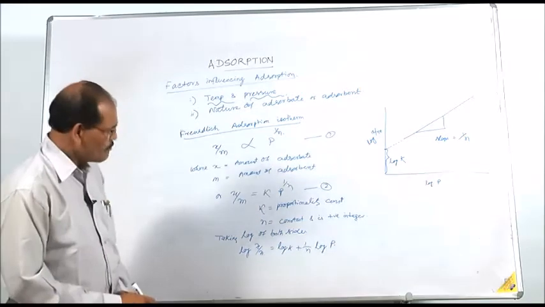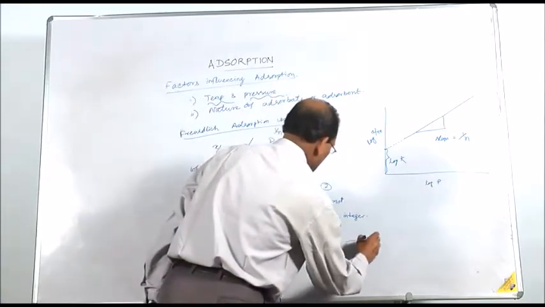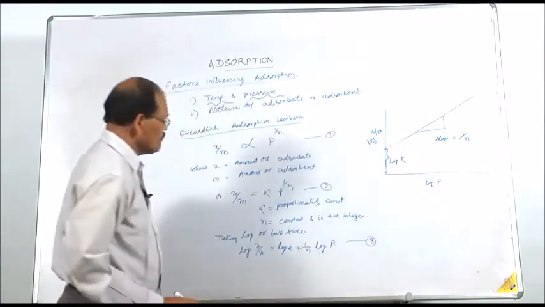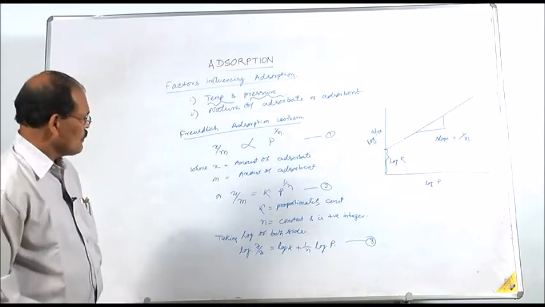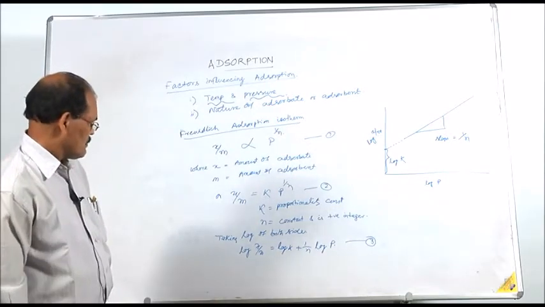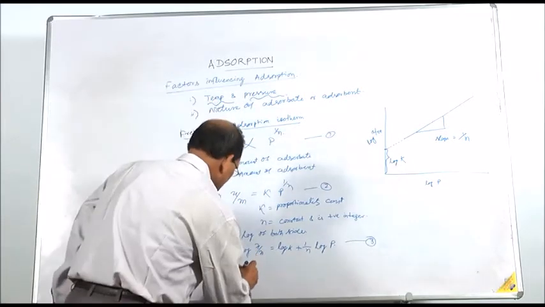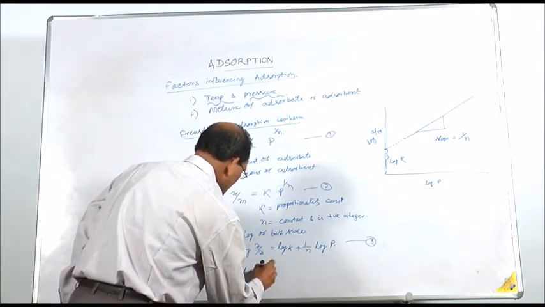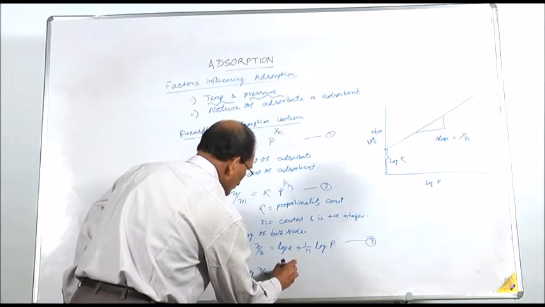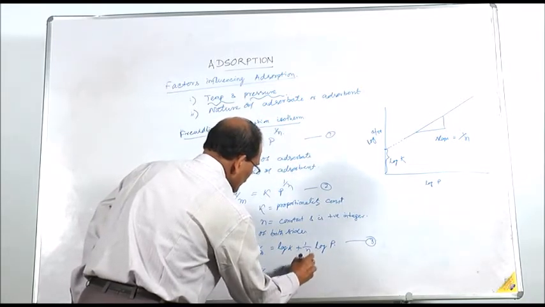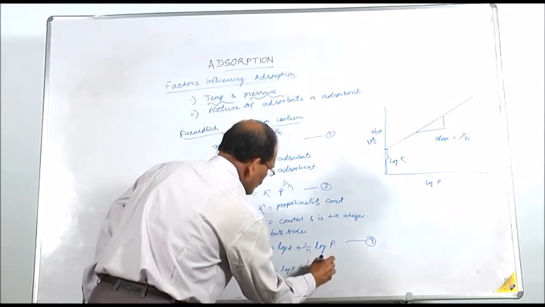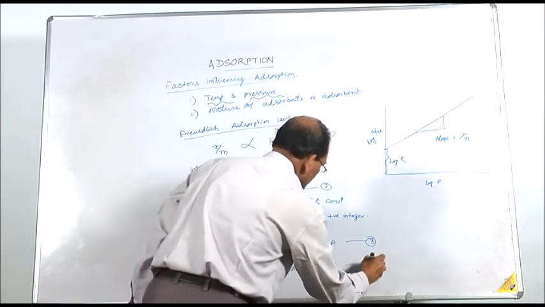Sometimes instead of taking the pressure, we can also take the concentration. So, we can change this form, that is log x by m equal to log k plus 1 by n log c, where c is the concentration.